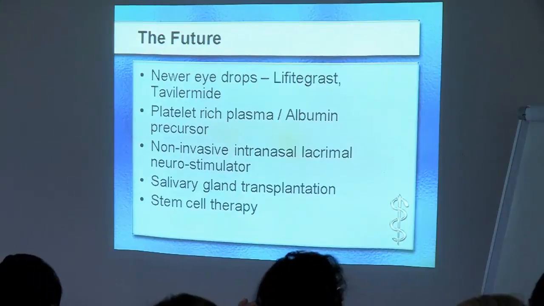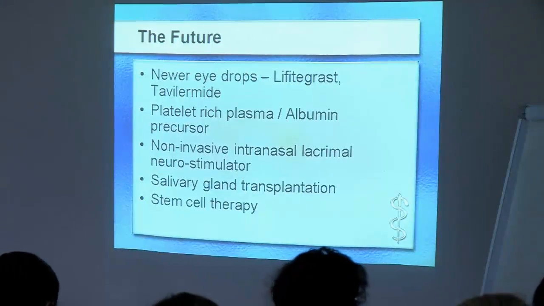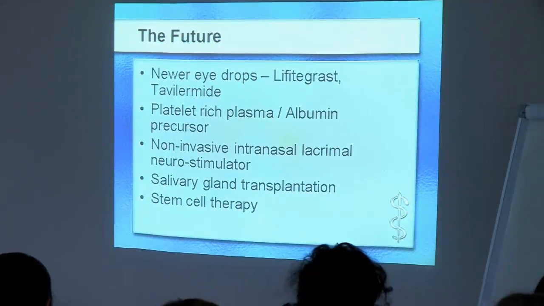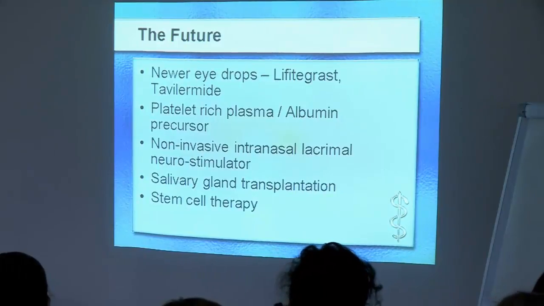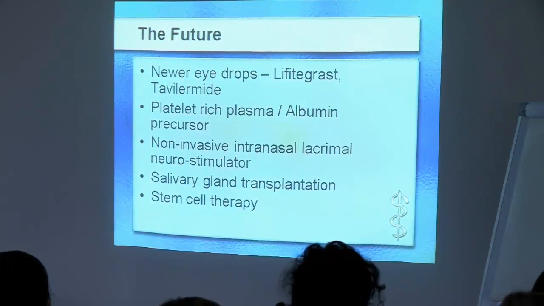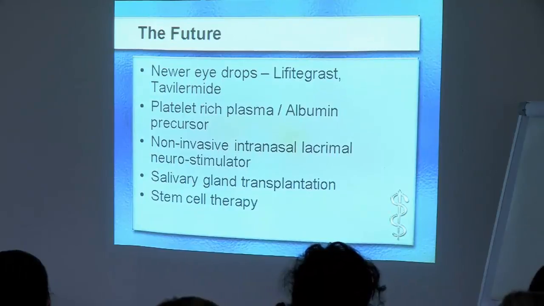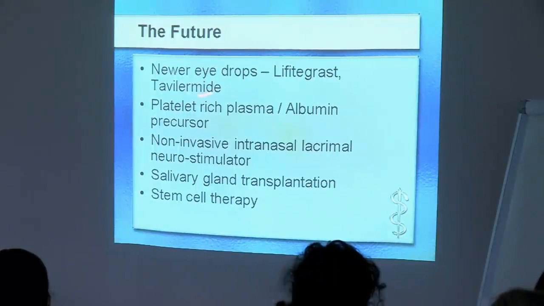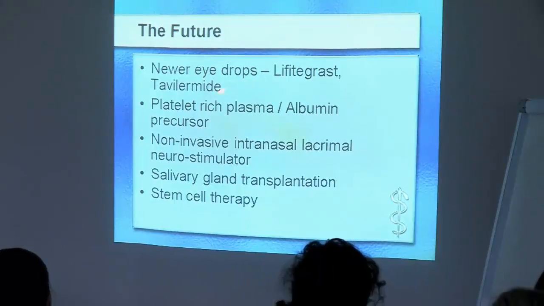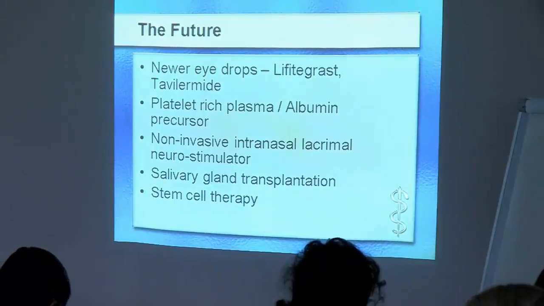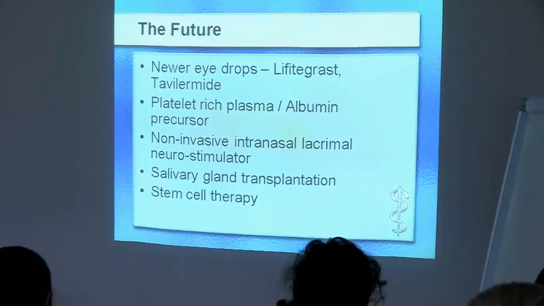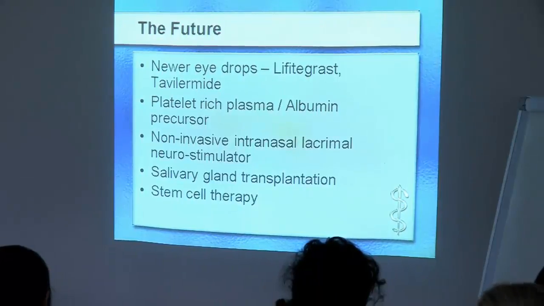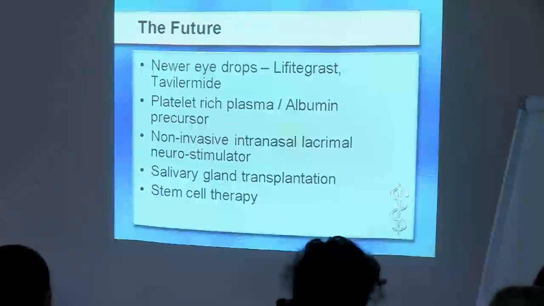So what's the future? We have so far looked only at the aqueous component or the oily component. Nobody has looked at the mucus side of things. So this is in stage 3 trials now, which actually causes increased secretion of mucus. And platelet-rich plasma is for people who have severe dry eye conditions.